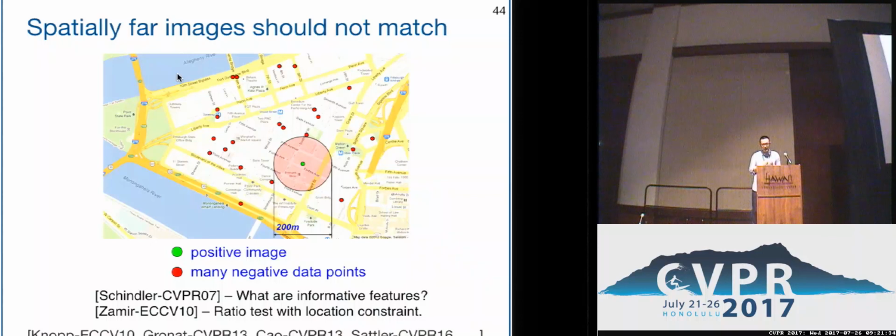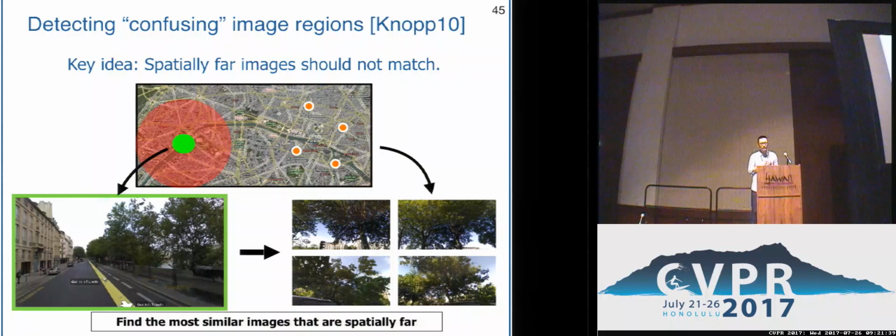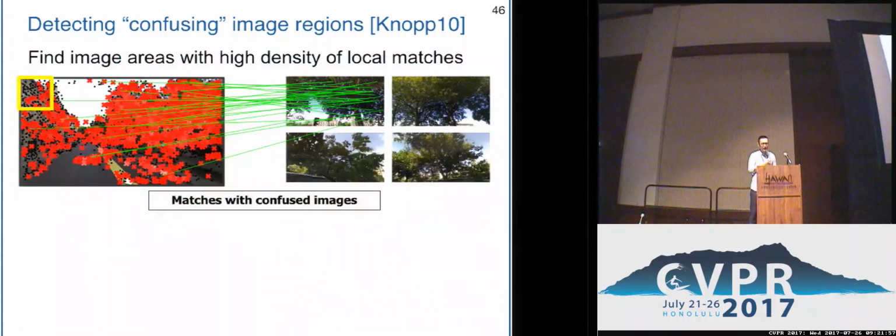This idea has been used in earlier works, and based on this idea, we can do many things. For example, we can detect confusing features on the image, such as trees or repeated patterns. In this method, they explicitly do the feature matching between the image and image samples from distant locations, and then find the areas which have a high density of local matches.